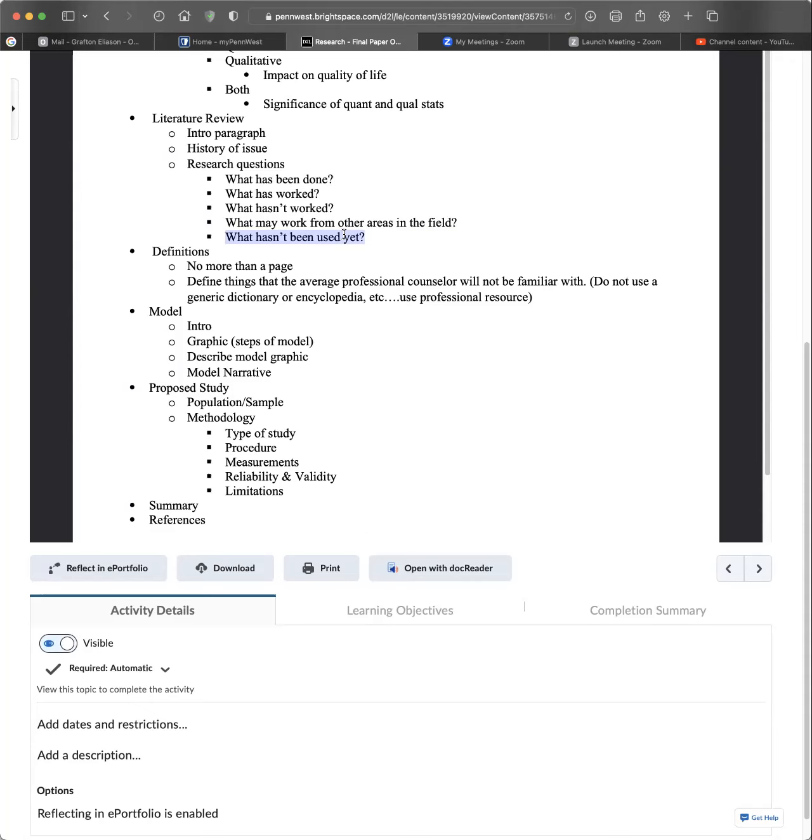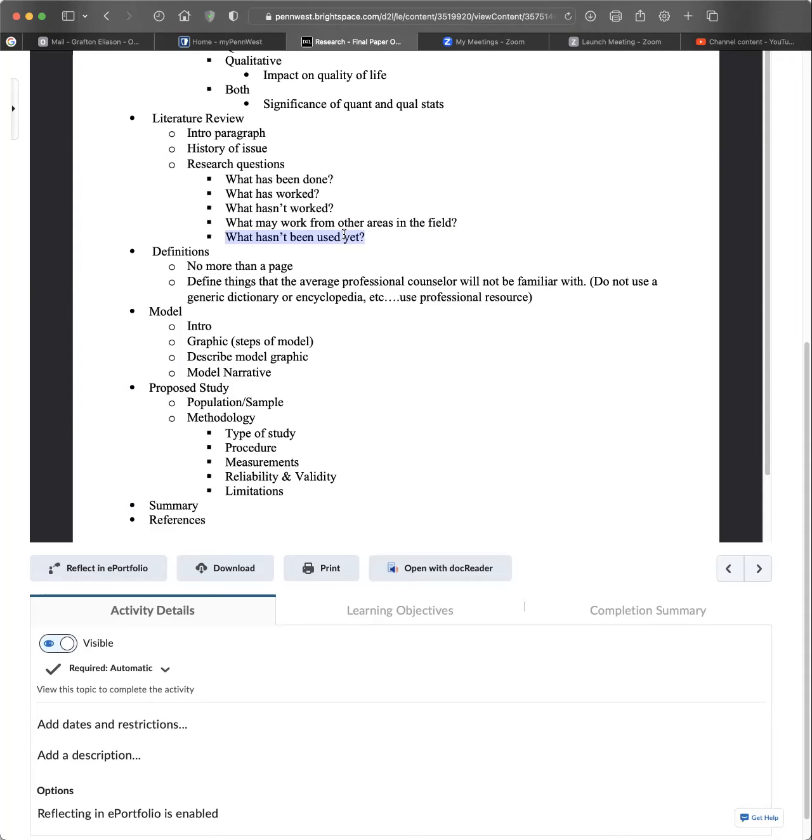There's so many new things that people are doing. But they should have some journal article from a psychology or counseling journal. That's the only criteria. There should be somebody who wrote something about them.